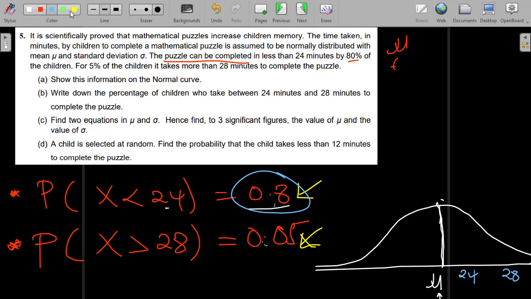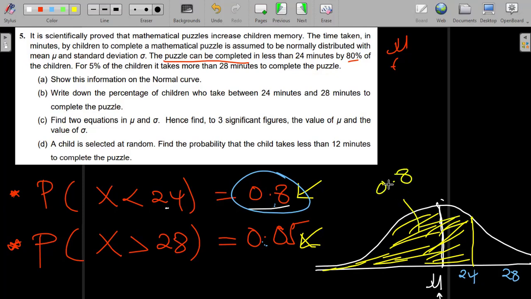So now how do we show this area and this area? For the 24, let's put it in yellow. So it's going to end at 24 here. So I'm going to sketch this part here. It is 0.8 or 80%. And then for this area where they're saying X is greater than 28, 0.05, I'm going to draw a line here.